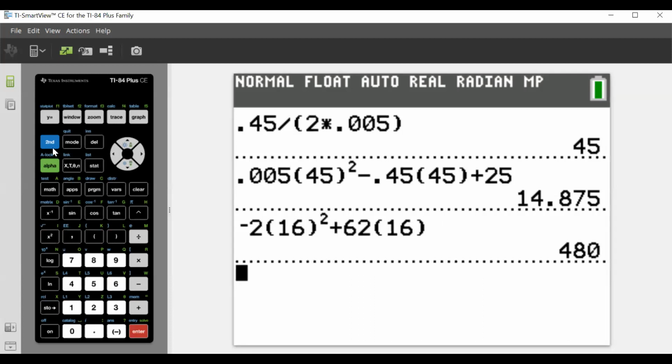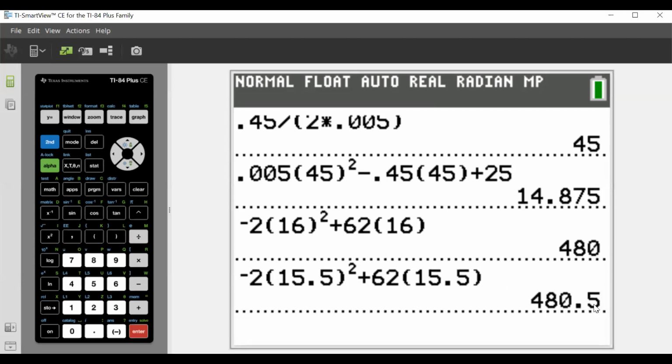Now let's also do something here. What if we had just said, okay, well, we're going to put in 15.5? Well, that gives us 480.5.